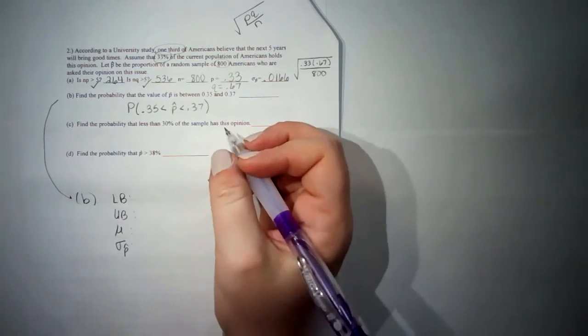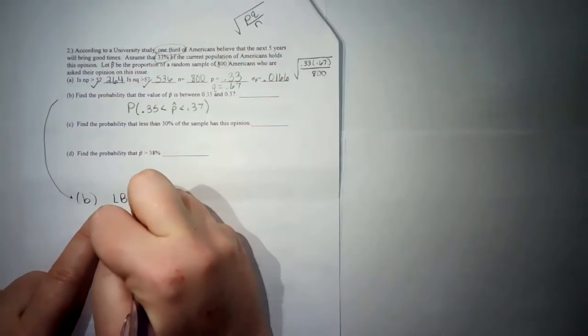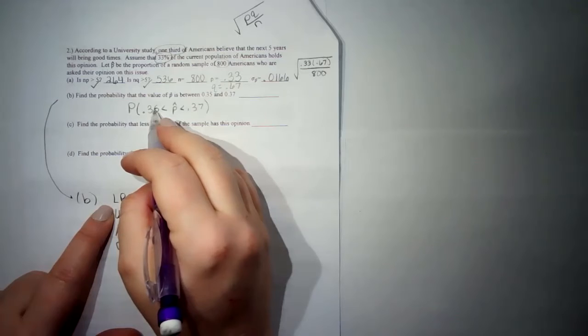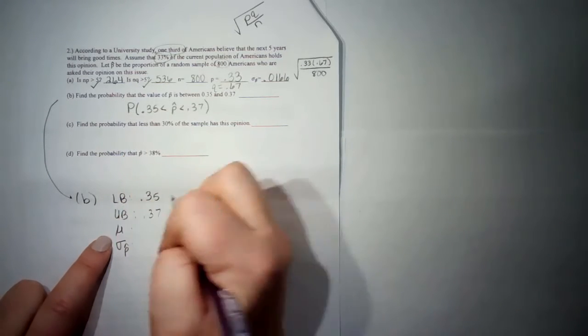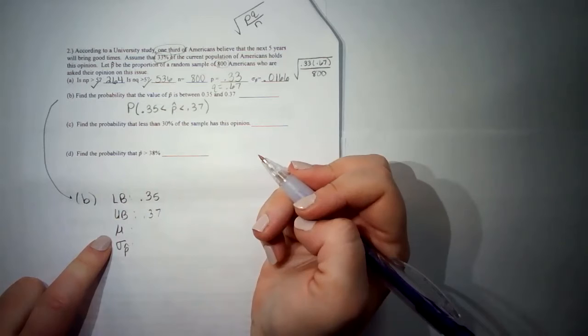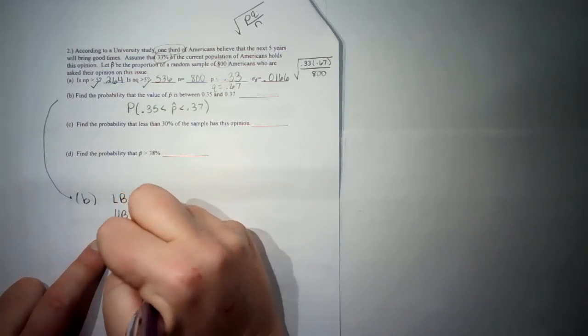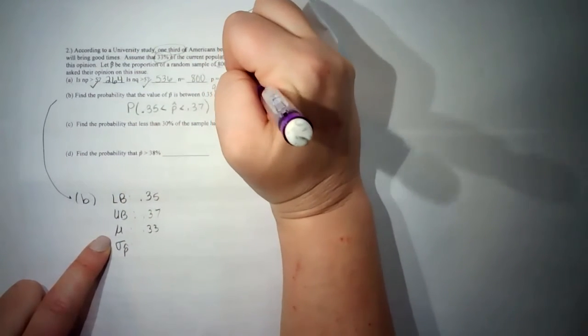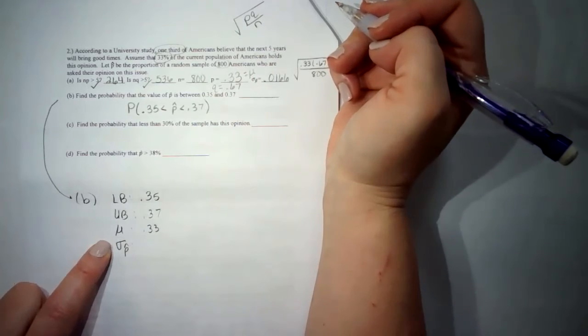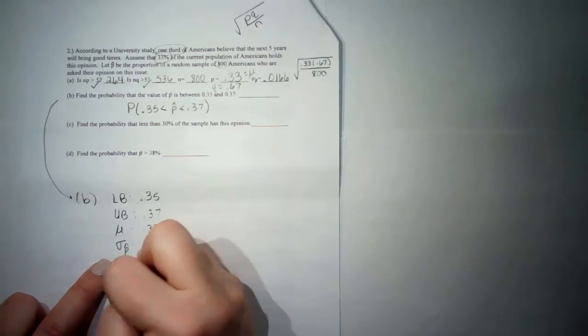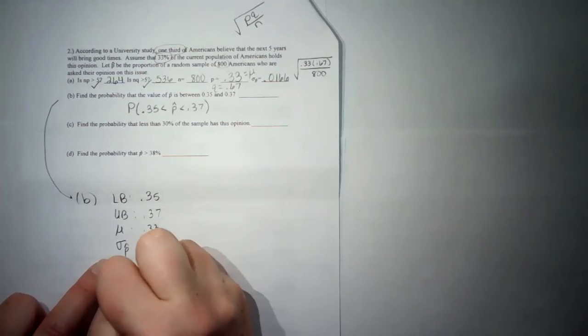So for B, what's my lower bound? Happens to be 0.35. My upper bound, 0.37. What's my mean going to be? 0.33. Good. We didn't label it, but remember, P is your mean. So as soon as you get it, you may want to label that too, because your brain will forget it. And then we already found our standard deviation.